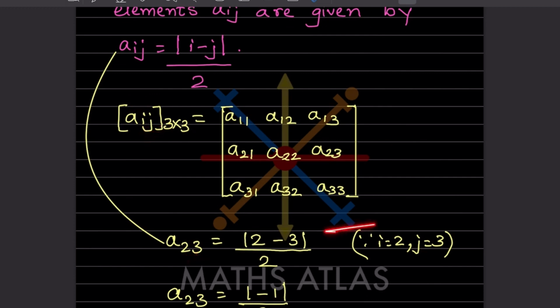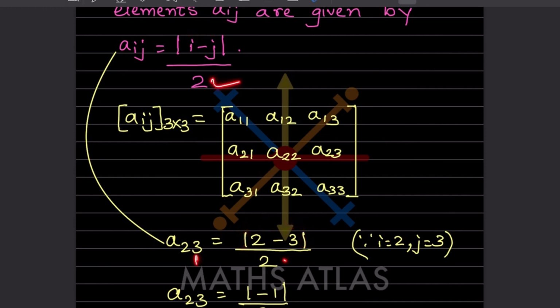So now this step is very important. This has half a mark over here, so you don't have to skip this step. Now A23 means this i is 2 and j is 3. So you have to just plug in these values. In place of i, you're going to write 2 and this is 3, and you know this is the absolute value, also called the modulus sign, and this is 2.